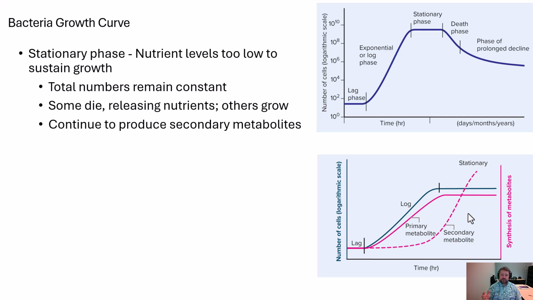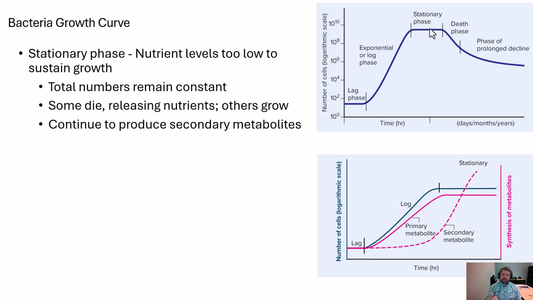A lot of the secondary metabolites, unfortunately, we don't know that much about the pathways by which they're made. Some of them we know really well, but a lot of the other ones we don't know the complete pathway. But we do know that often these secondary metabolites are the ones that allow these organisms to withstand changes in their environment.